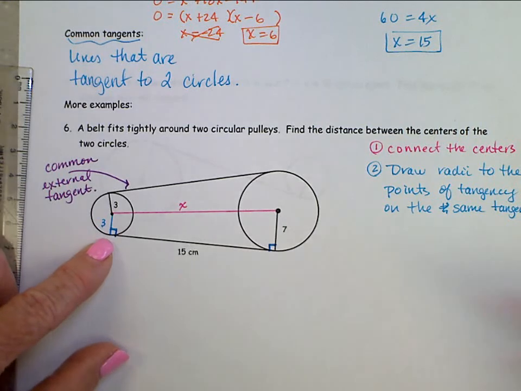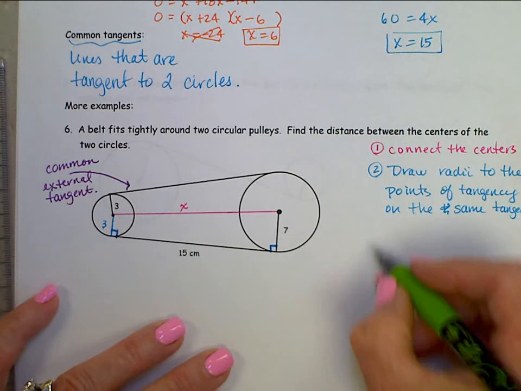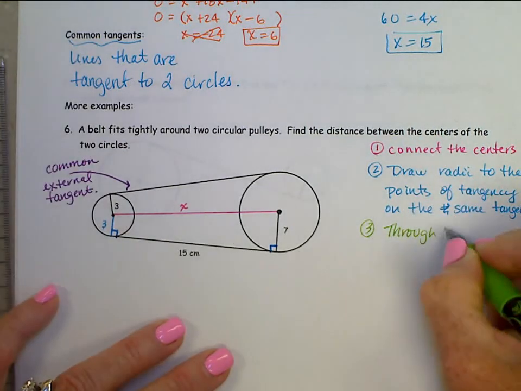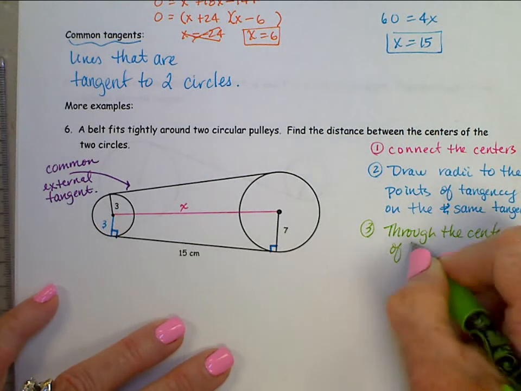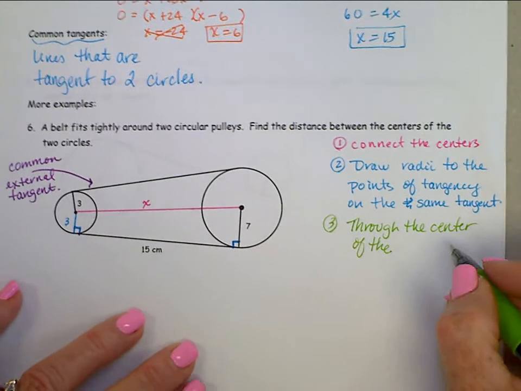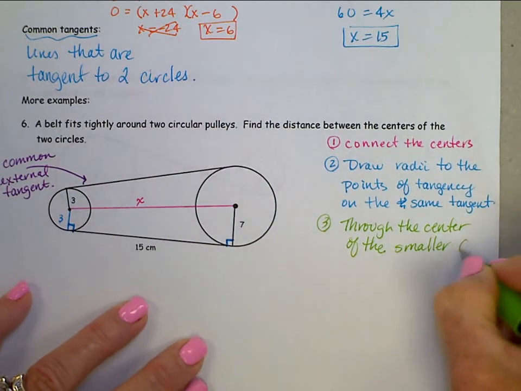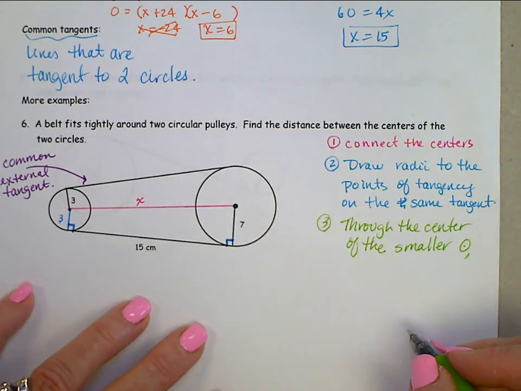All right, now, next step is through the center of the smaller circle, you're going to draw a segment that is parallel to the common tangent.